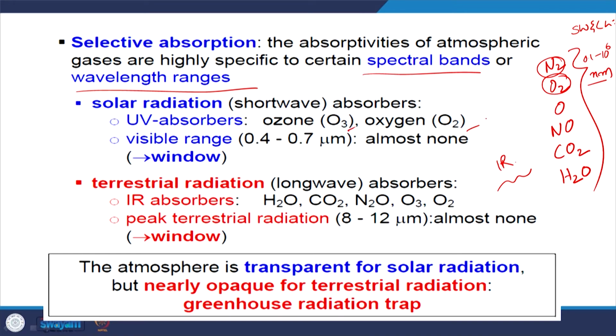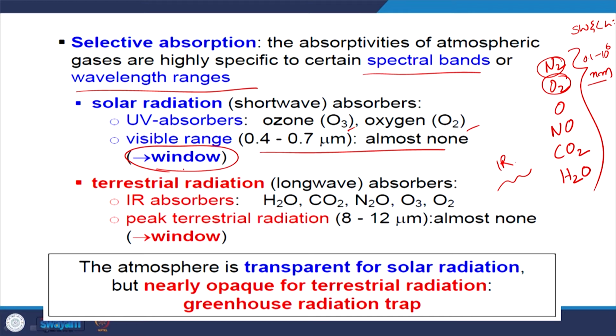So, ozone and oxygen have the ability to absorb UVA, UVB. In the visible range, nothing absorbs. So, that means it is a window where visible radiation is not absorbed by any gas. Why? Spectroscopically it is a very easy answer, because visible radiation does not have the amount of energy to excite electronic vibration states, right.